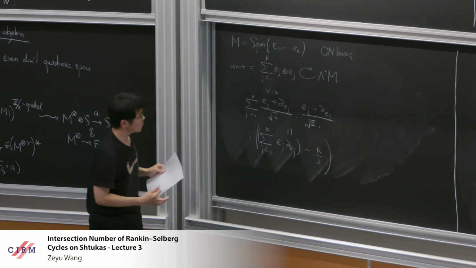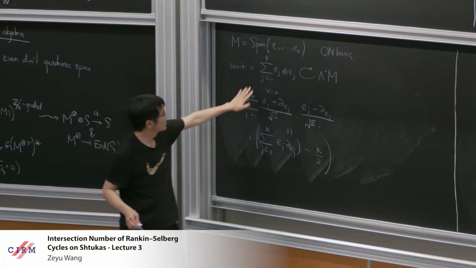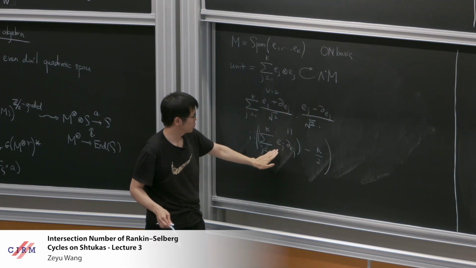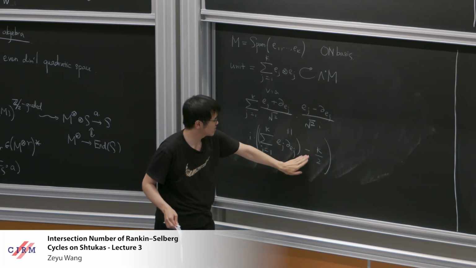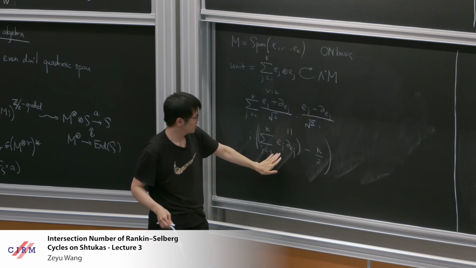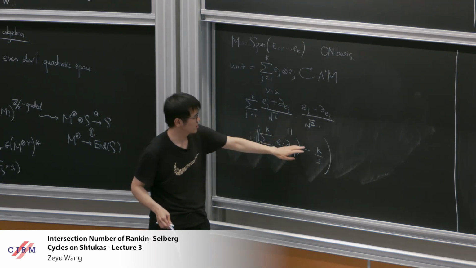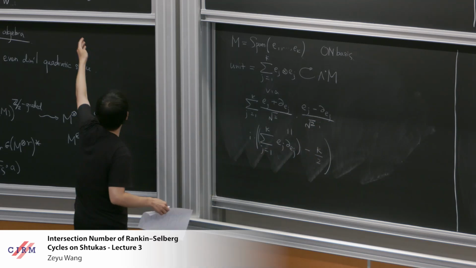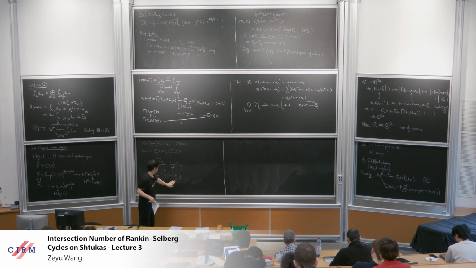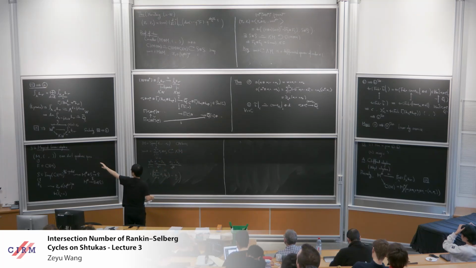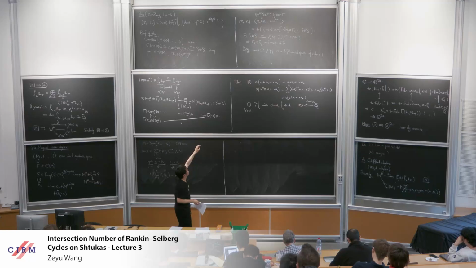That's what I mean by this unit acts by a differential operator of order 1 plus something of order 0. This operator is very simple: it's just a gradient operator, and this is some constant. The gradient operator is responsible for the r-th derivative, and this constant is responsible for the normalization of the L-function.